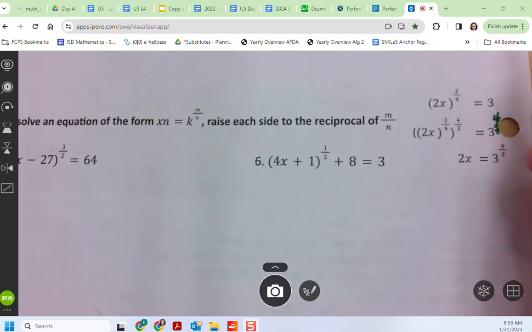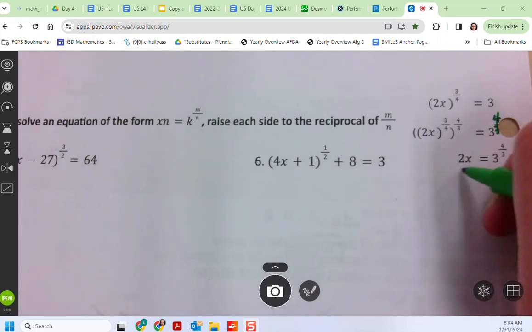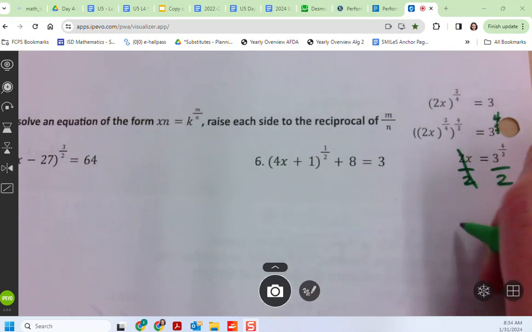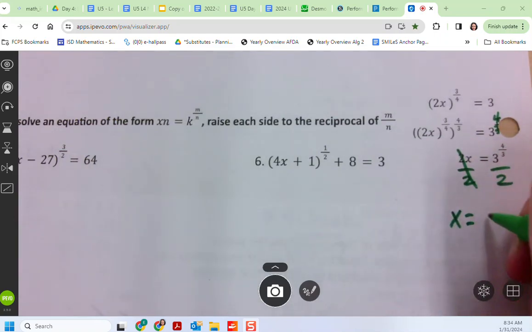And then you end up having this on the other side. And then you can finish, so this one here would finish by dividing by 2. Like that. And sometimes you would write it this way. Sometimes you would write it with a root. So it would be cube root of 3 to the 4 over 2.